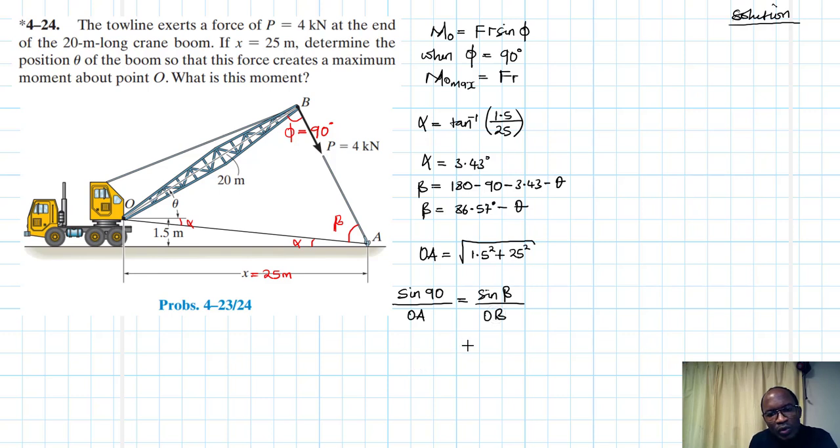We know what OB is, we know what OA is, so we can replace these. Sine 90 divided by OA, which is the square root of 1.5 squared plus 25 squared, is going to be equal to sine of beta, which is 86.57 degrees minus theta, divided by OB, and OB is just 20 meters.